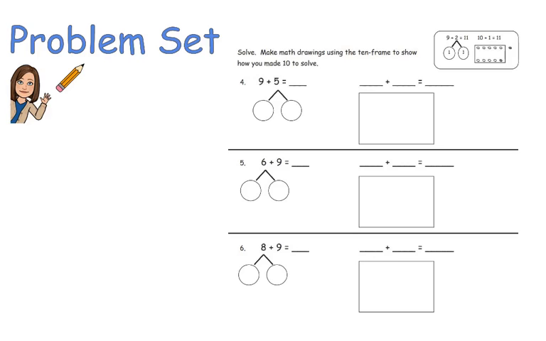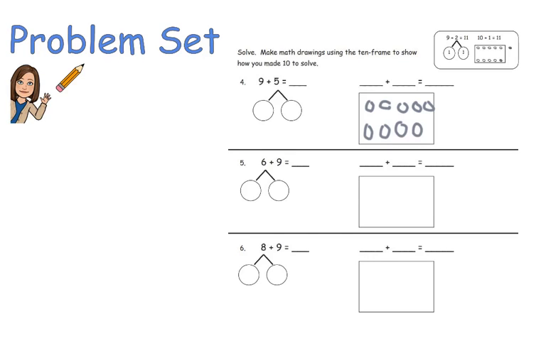So we have 9. So first I'm going to start by drawing 9. I want you to draw 9 with me. 1, 2, 3, 4, 5, 6, 7, 8, 9. Okay. Then we're going to draw 5. But what they want us to do is to finish the 10 in the box.